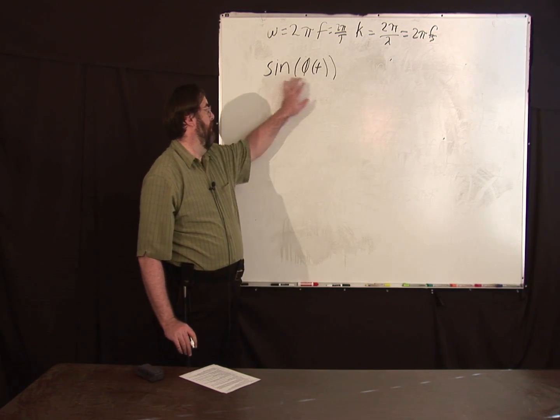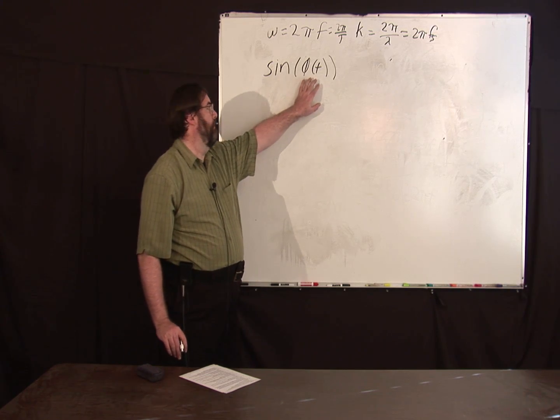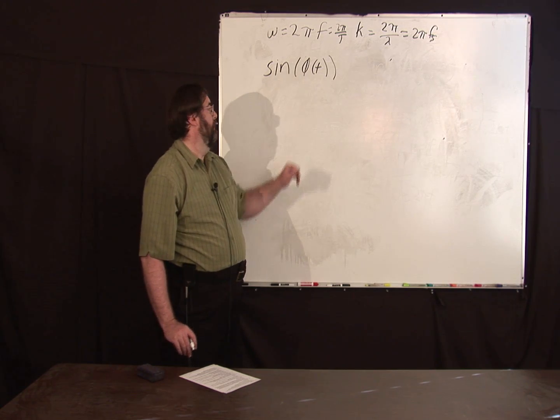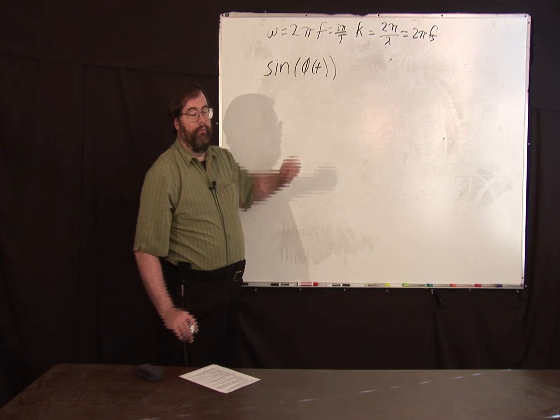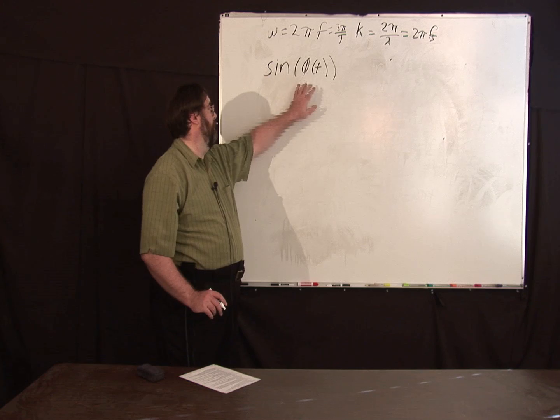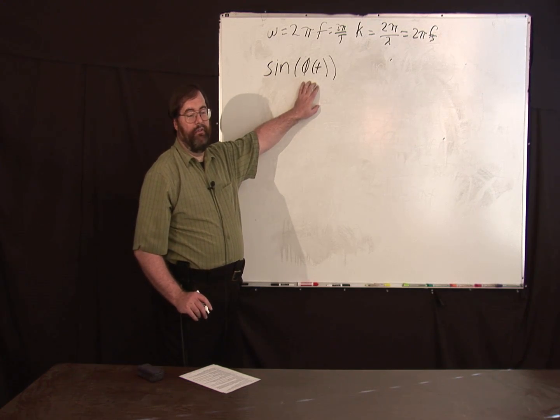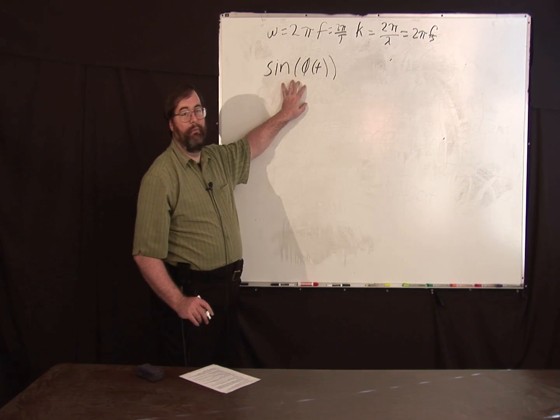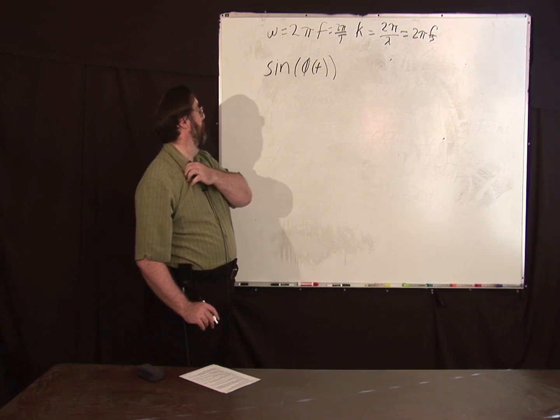Okay, now this function here is periodic only if phi of t is periodic. But even if phi, well, let's look at the case where it is periodic. What we know, or linear, I should say. If this is periodic or linear, this thing will be periodic. Okay.